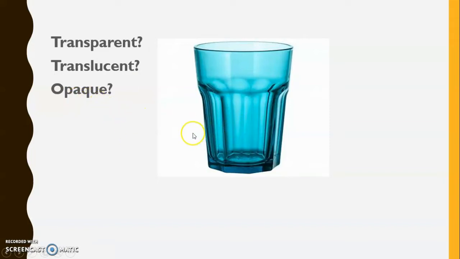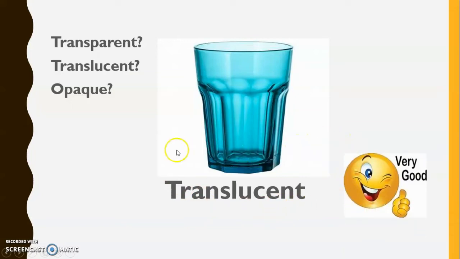So what do you think? You can guess what object it is, or you can look at the meaning of these three objects and you will know. So this is a translucent. Very good.